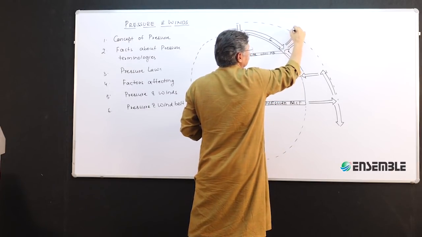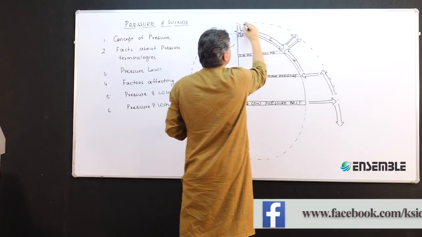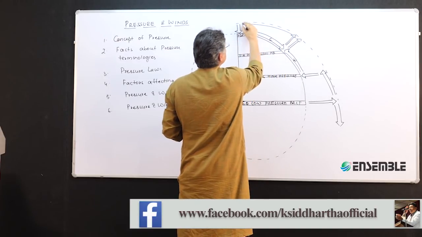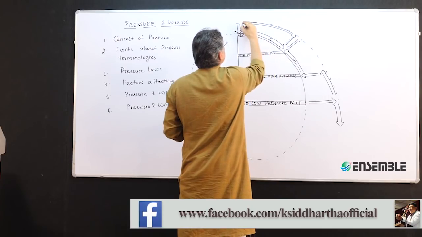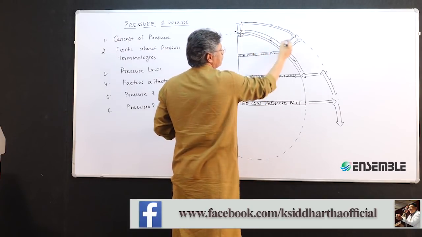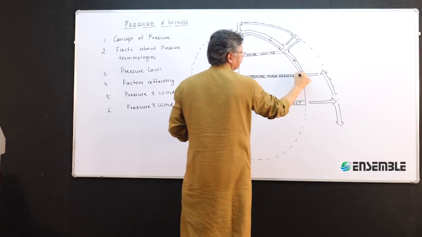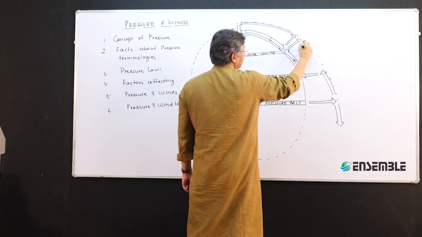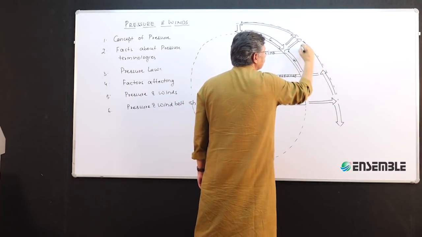Now, as this air rises, the air here also rises. Now, this will lead to formation of a complete cell. That is how exactly it will move. That makes a complete cell of itself in this case. And the air that rises here also makes a complete cell of itself here.